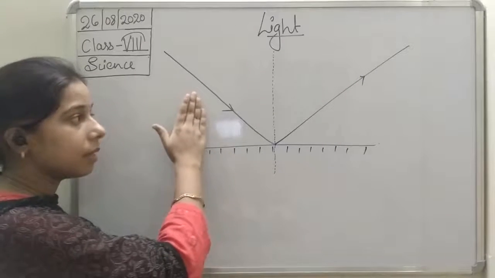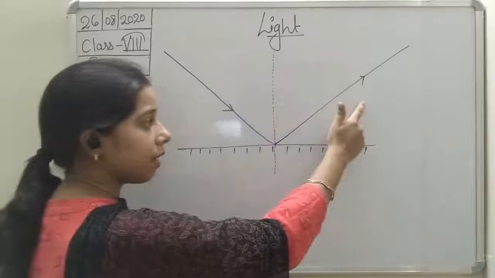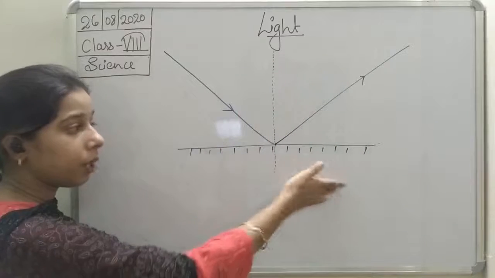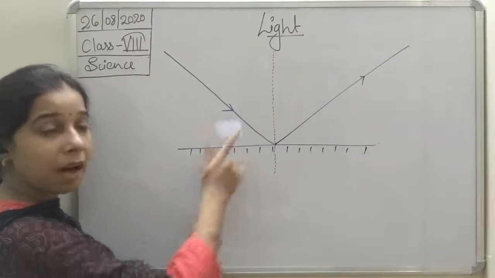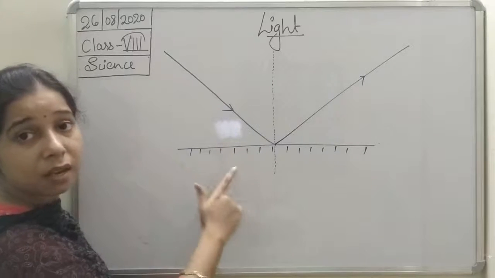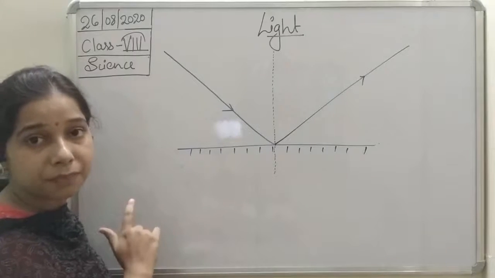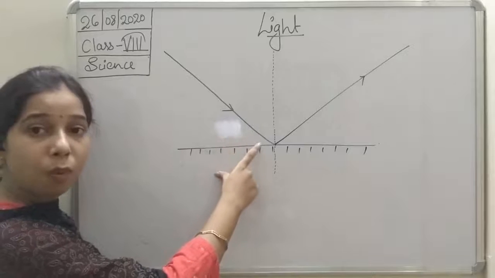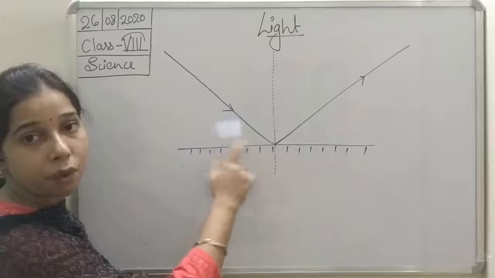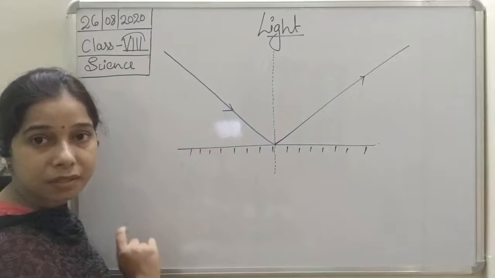Okay, so this one is the incident ray, this one is the reflected ray, this one which is perpendicular to the surface is known as the normal ray. Point of incidence is the point at which the incident ray falls. That is the point of incidence.